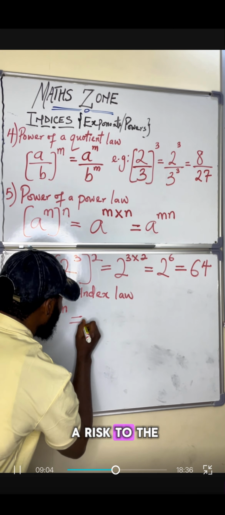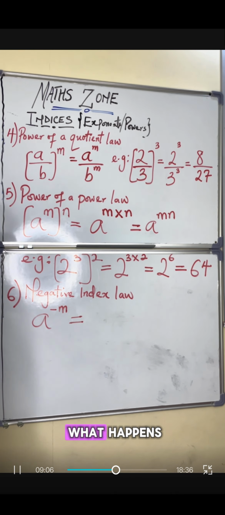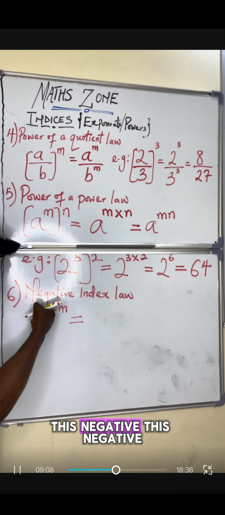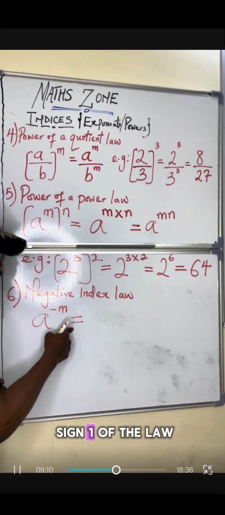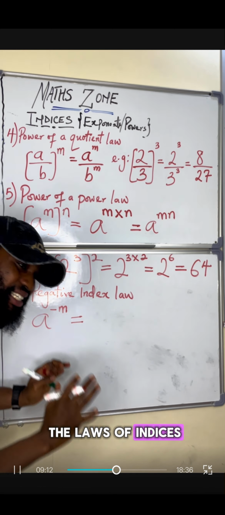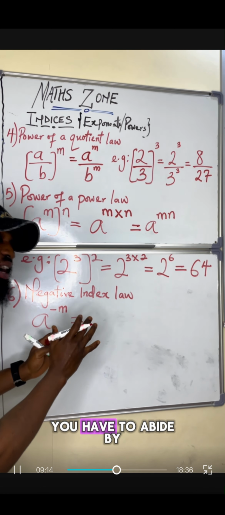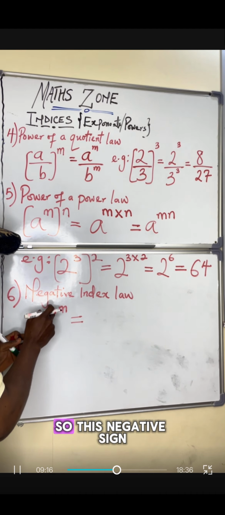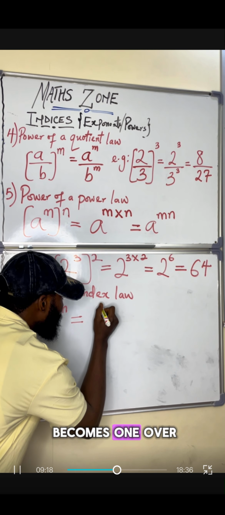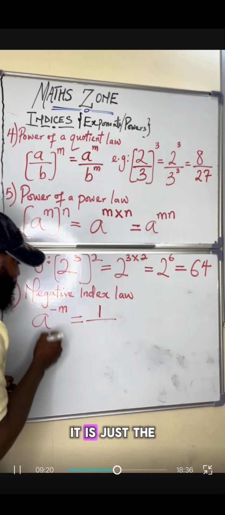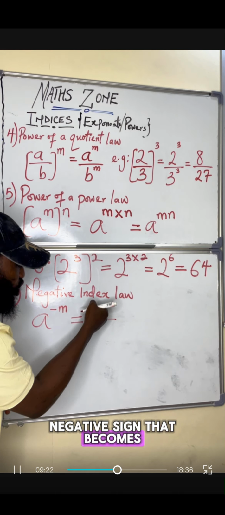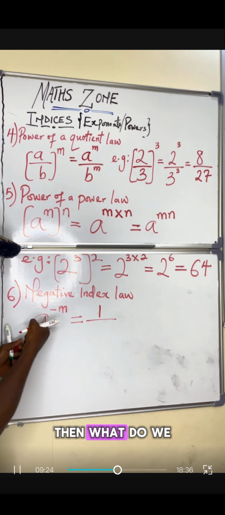Now, when you have A raised to the power of minus M, what happens? This negative sign, this is one of the laws of indices. It's a law which you have to abide by. So this negative sign becomes 1 over. It is just the negative sign that becomes this 1 over. Then what do we have left?